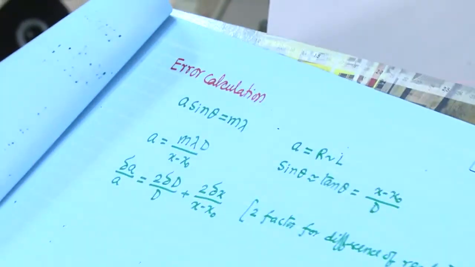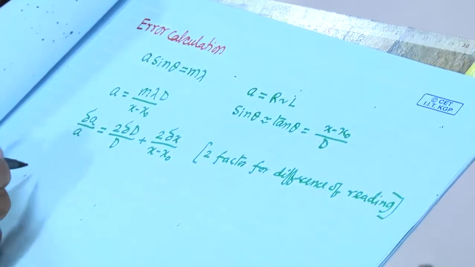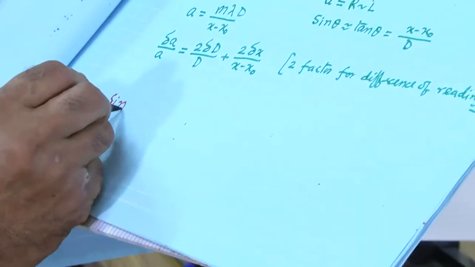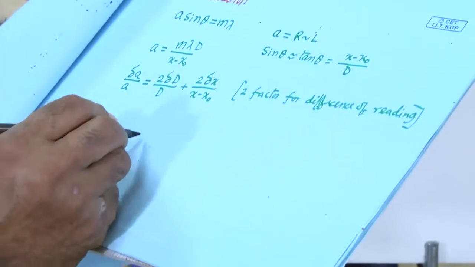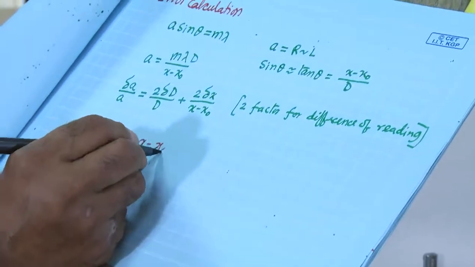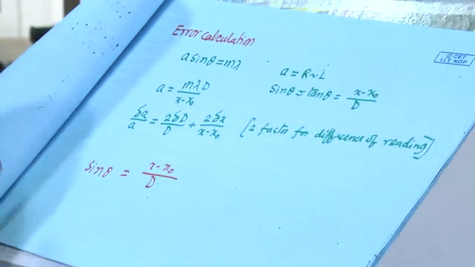A sin theta equal to m lambda, and sin theta equal to x minus x 0 divided by d.